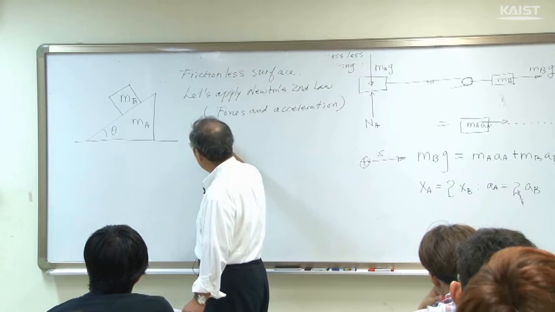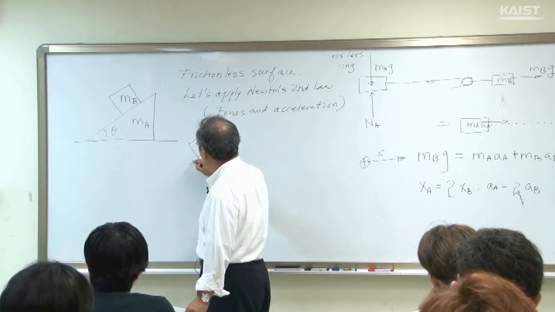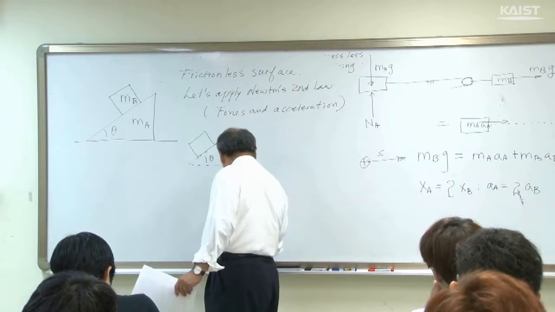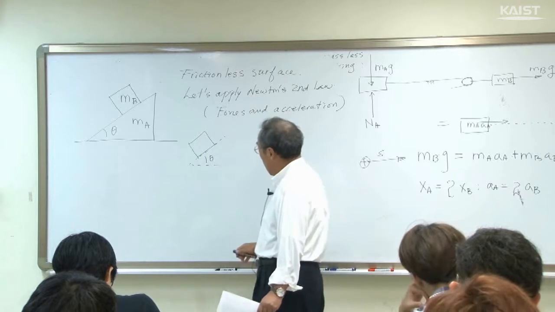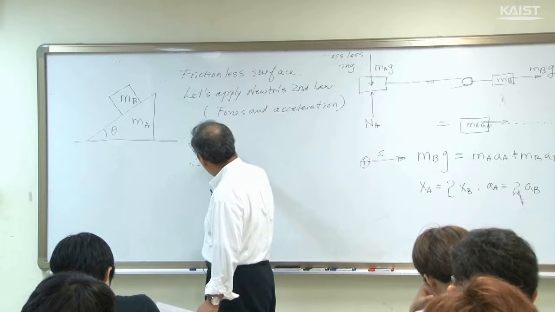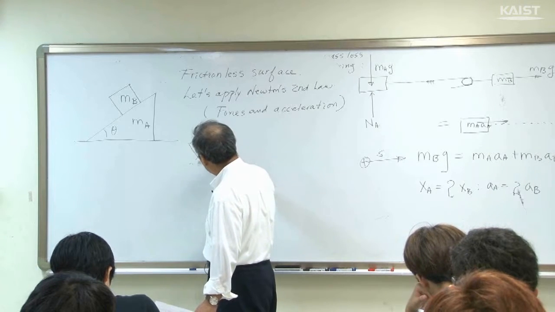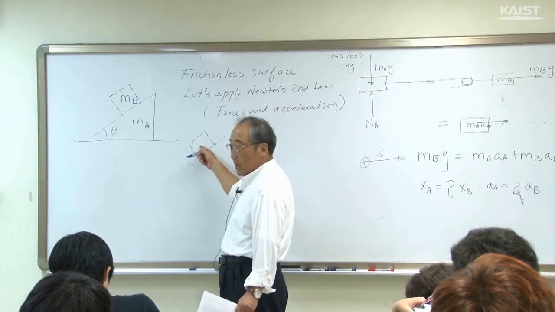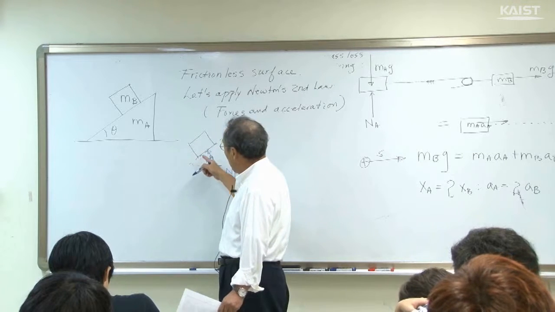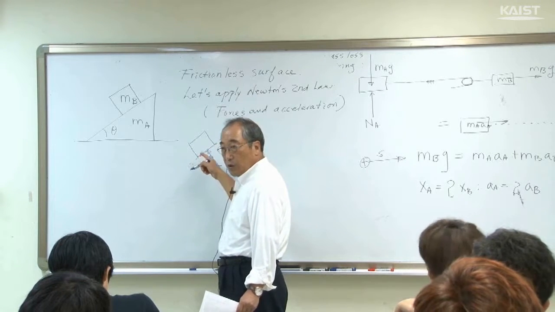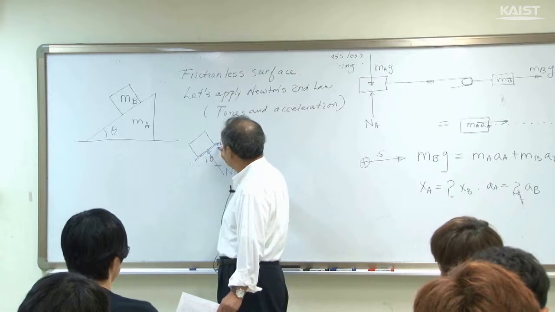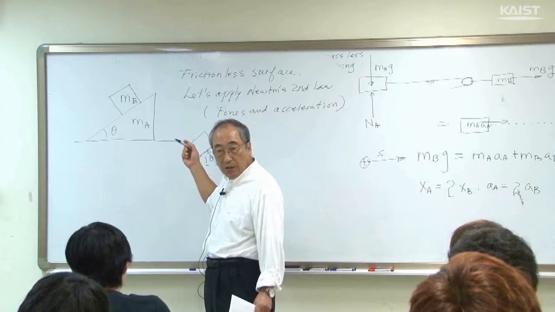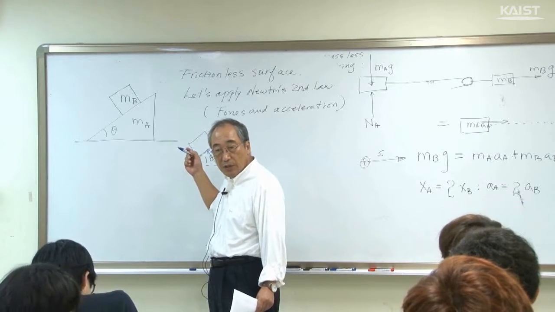Okay, for MB, this has to be theta. And I can see that there will be a force acting normal to this surface. Maybe I denote that as NB because this is mass B. And of course there must be some friction force, but assuming that is 0, because we assume that the surfaces are frictionless.